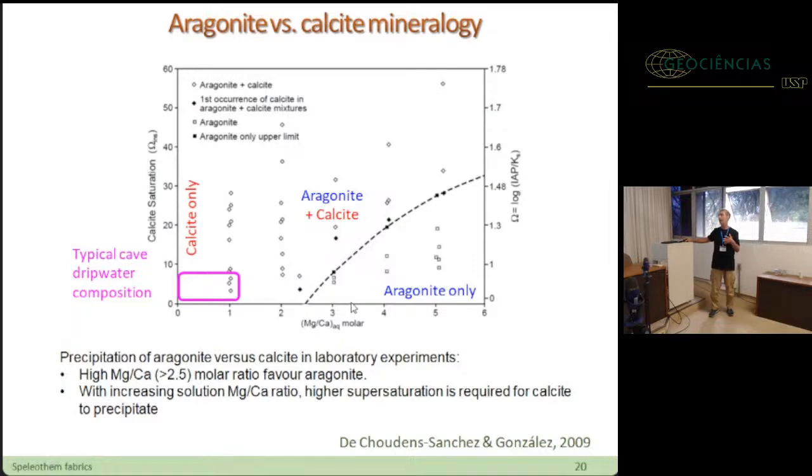In order to have aragonite, we have to increase the magnesium calcium ratio above a threshold that depends on different factors, can be 1.5, 2, or like in this laboratory experiment, 2.5. So above this composition, we have just aragonite. But in a rare case in which we switch across the threshold, we can switch between calcite and aragonite in a matter of layers. And of course, we can also have recrystallization when from the aragonite layer we switch to the calcite forming water.